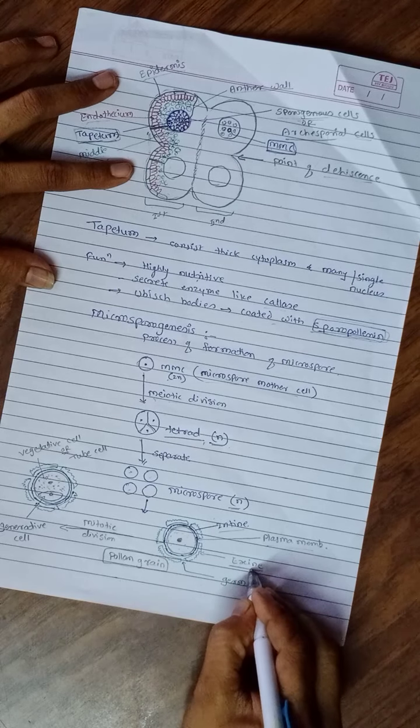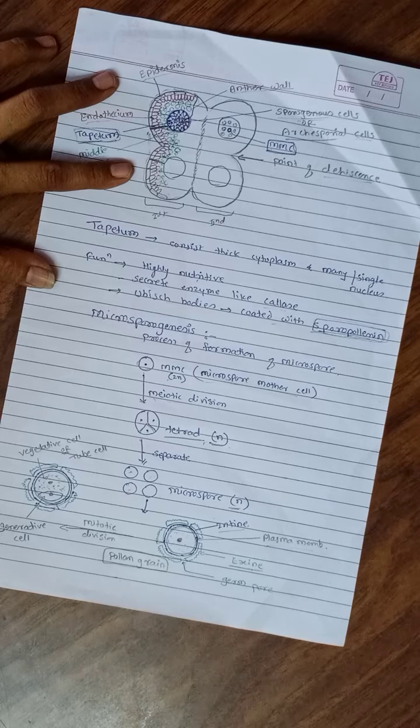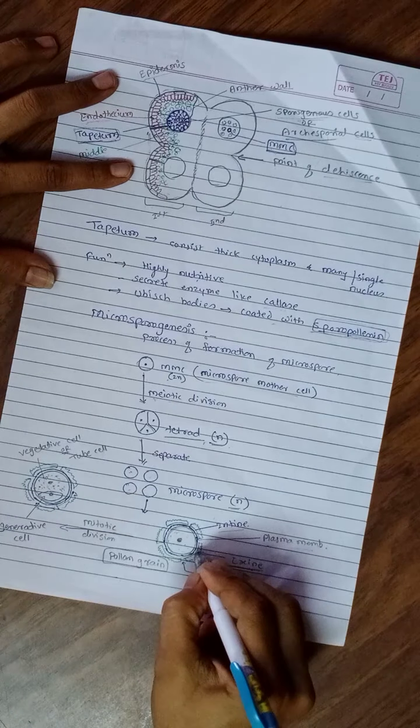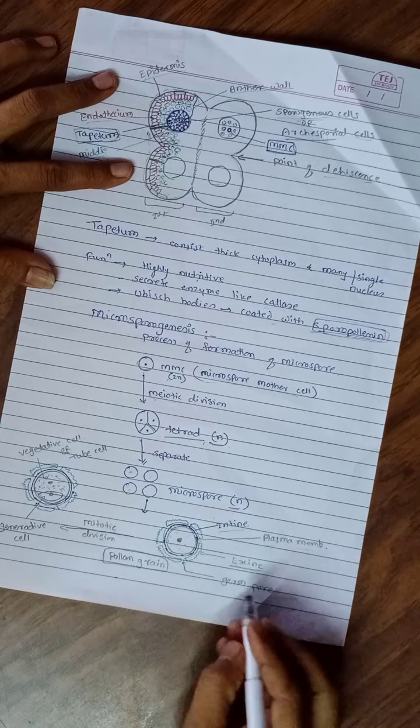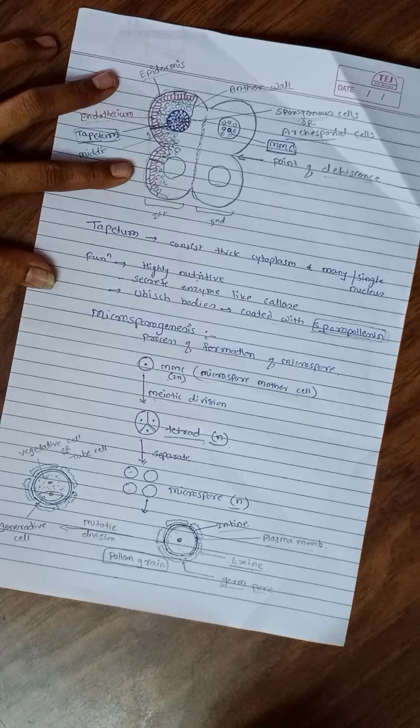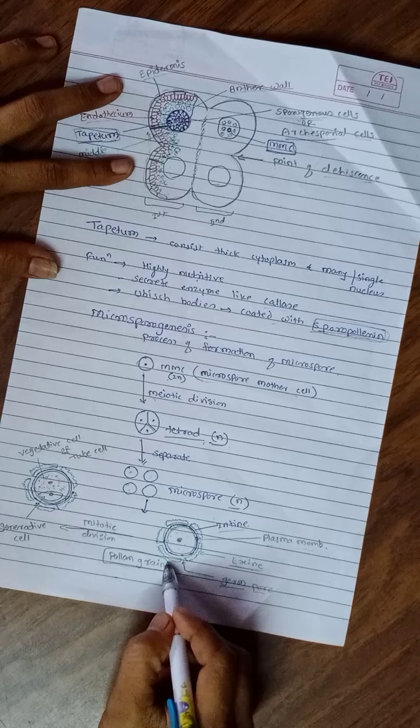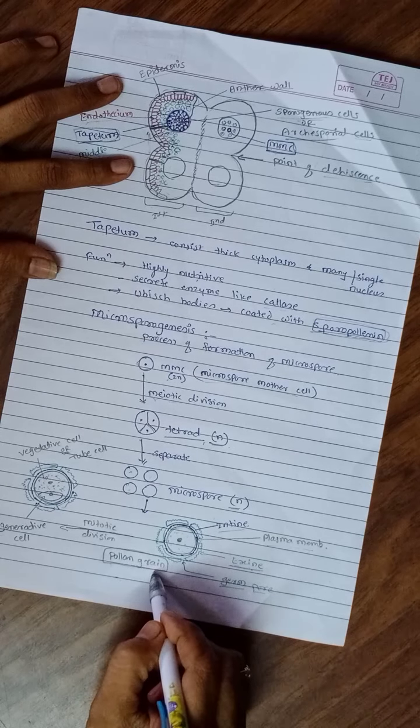This exine is secreted by the tapetum. Then in the exine there are small pores, known as germ pores. Then this structure is known as a pollen grain.